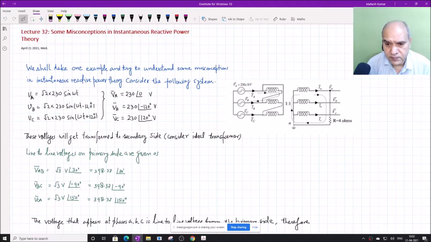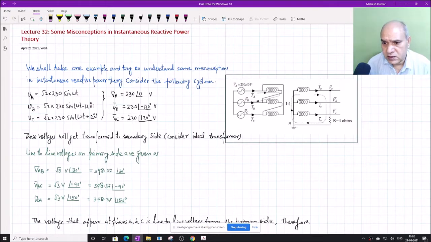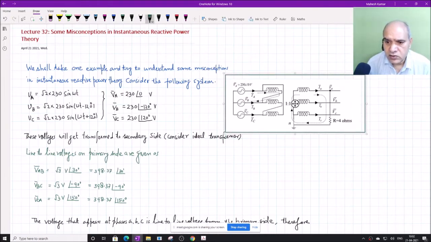So let us take a three-phase, three-wire system where the loads are connected on the secondary side of the transformer. There is a transformer, and the transformer is 1:1, as you can see.